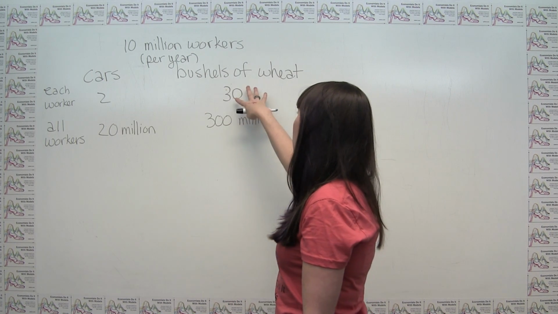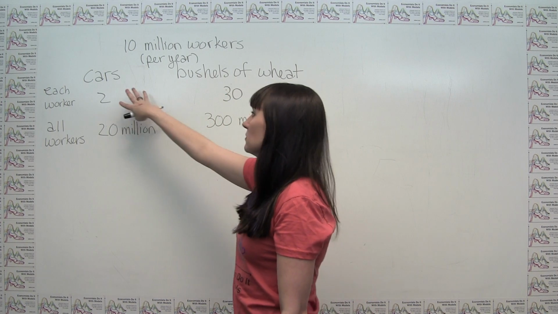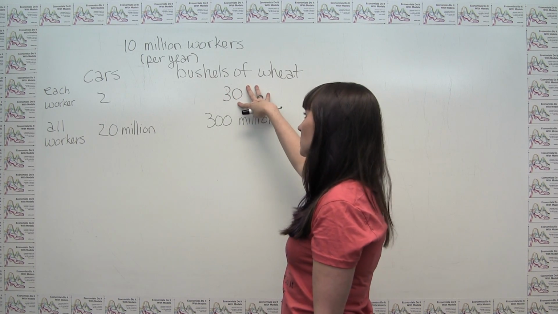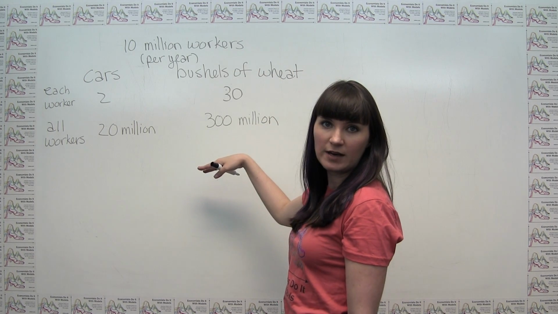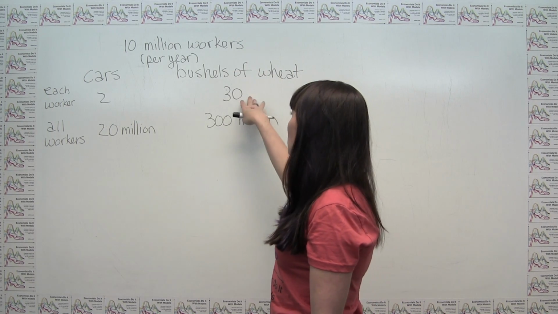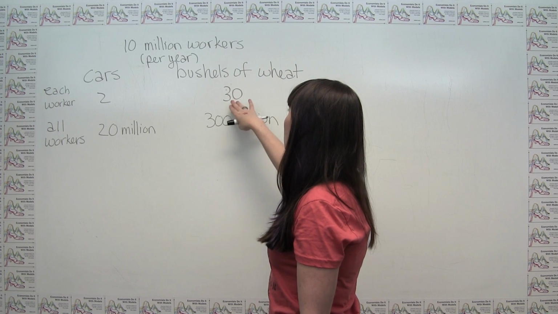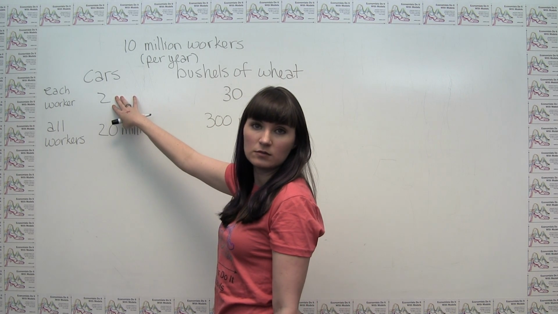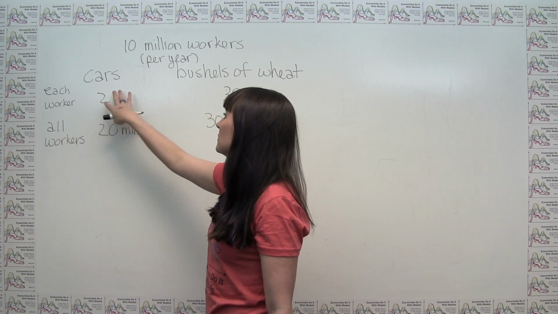So the opportunity cost of 30 bushels of wheat is 2 cars. To get the opportunity cost of 1 bushel of wheat, we have to scale this down by a factor of 30. So then the opportunity cost of 1 bushel of wheat would be 2 divided by 30, or 1 over 15 cars.